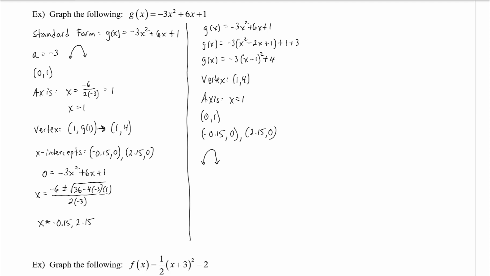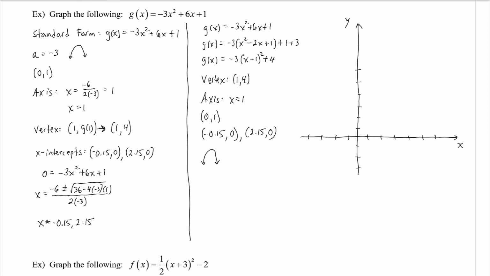So let's go ahead and get this thing graphed. Let's draw a coordinate plane here. So we have a y, we have an x. 1, 2, 3, 4, 5, 6. 2, 3, 4. 1, 2, 3. So let's see.